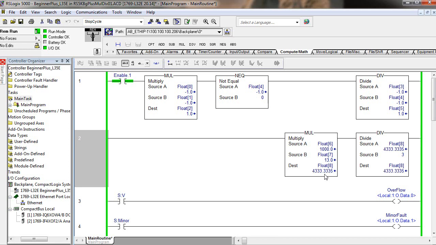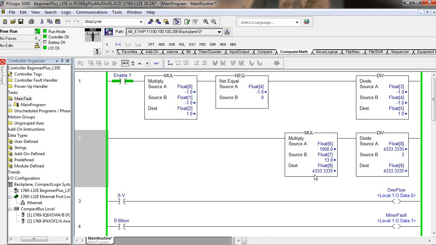Now, if I swap these around, I swapped them around. So in the multiply operation, the float value is 13,000. Does that appear to be the correct result? Well, you could say no, or you could say yes, because sometimes you see 13,000, sometimes you don't.